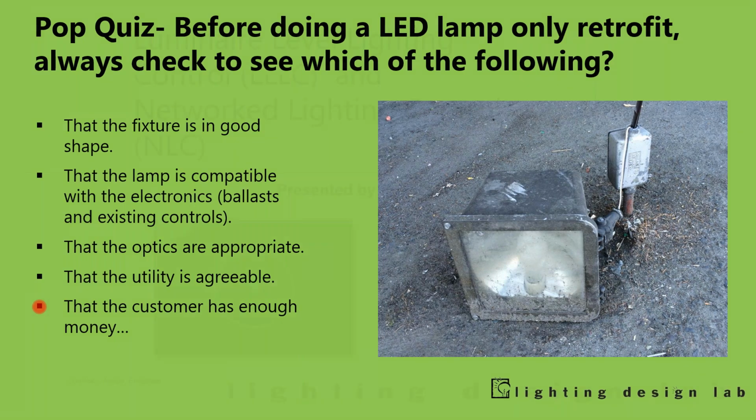All right, so let's shift gears a little bit and talk about luminaire level lighting controls. Why do we use controls at all? Well, obviously to save energy costs and to save on maintenance. We don't want to just leave the lights on all the time.